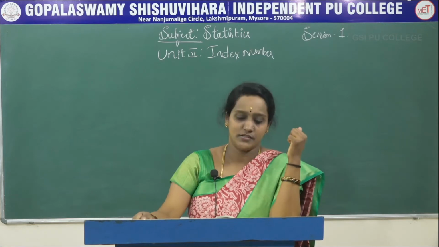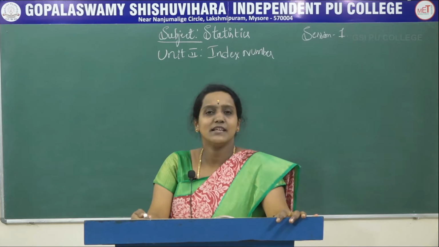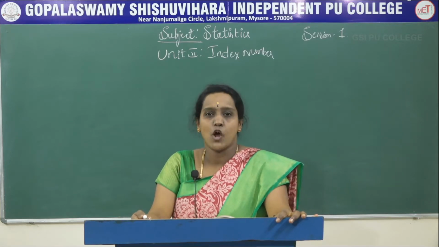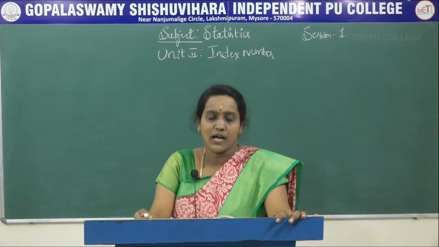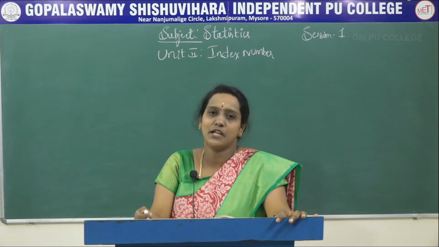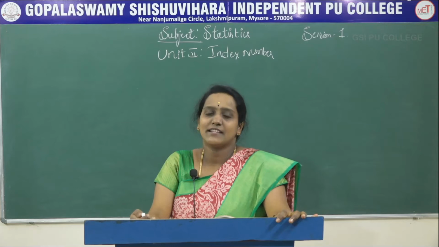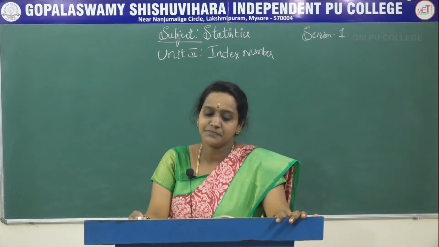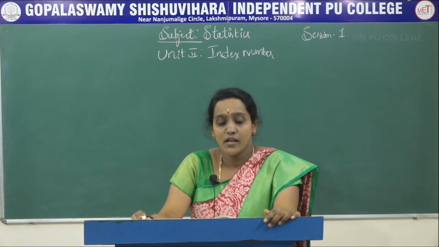So in fact, the use or description of index number is that it is an economic barometer. And why do we call it an economic barometer? Because a barometer measures the atmospheric pressure, whereas this index number describes or estimates the pressure in the economy of the country.